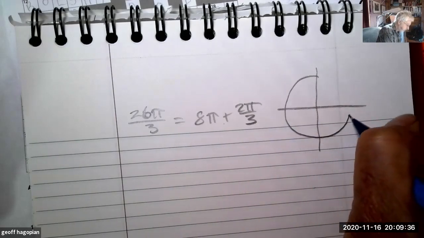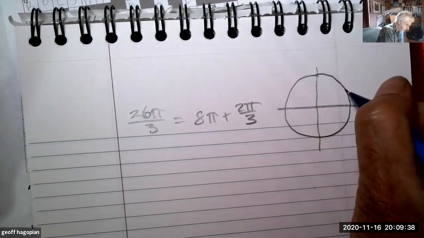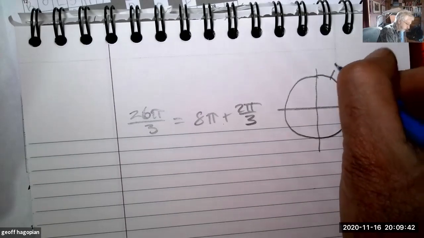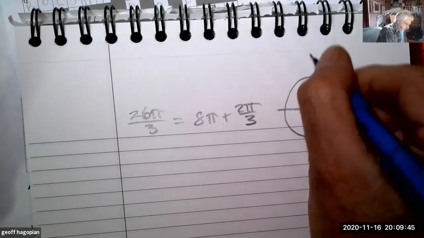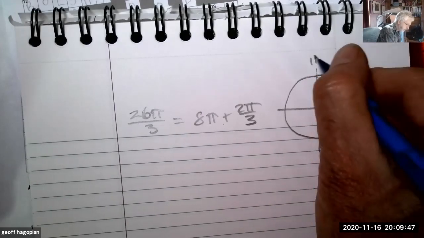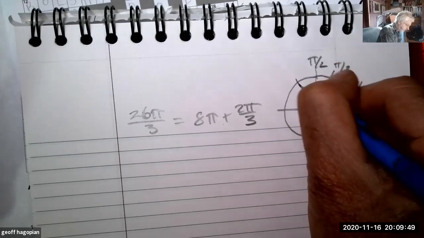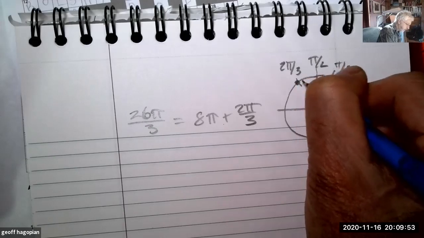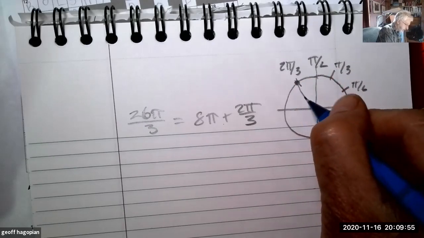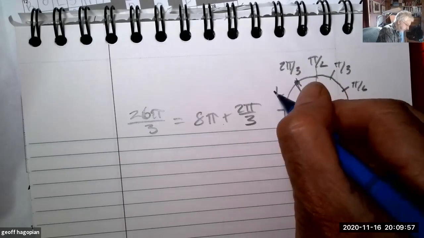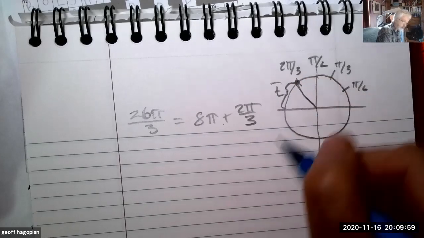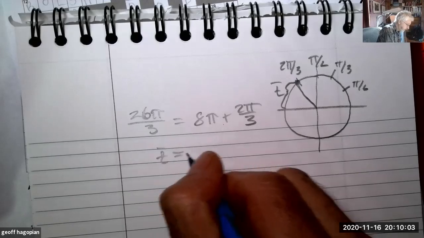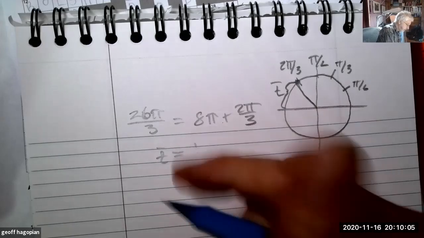If we count by pi over 6 on the unit circle, this is pi over 6, this is pi over 3, 2 pi over 6, 3 pi over 6 is pi over 2, 4 pi over 6 is 2 pi over 3. So you end up here. That's the terminal point, but T bar is going to be this length here. So T bar is in fact pi over 3.